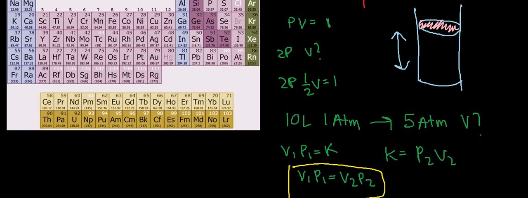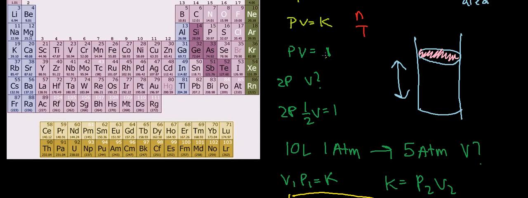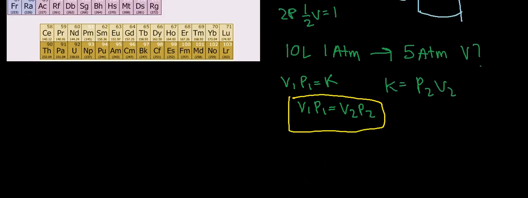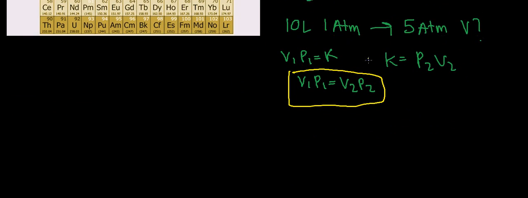I may see it written out like this, or like this, or I may even see it as volume is equal to K over P. There are many different ways to write out Boyle's law. But this is how I would get this version of Boyle's law from the original version. Since both of these are always going to equal the constant, I can just set them equal to each other.